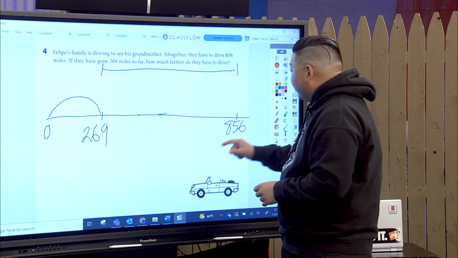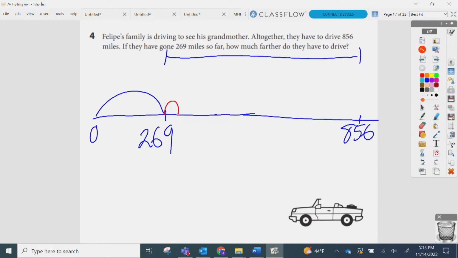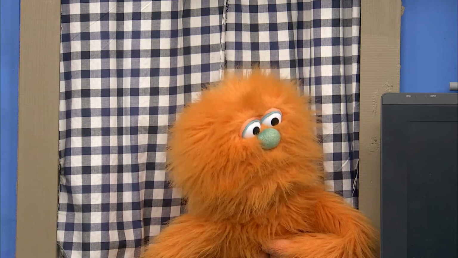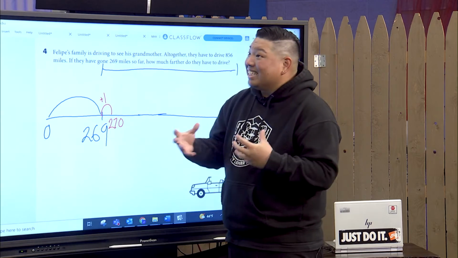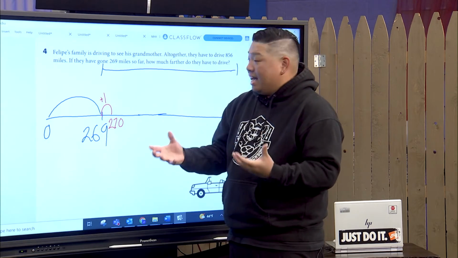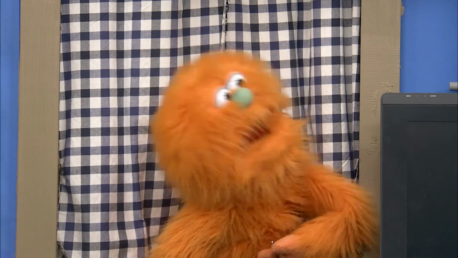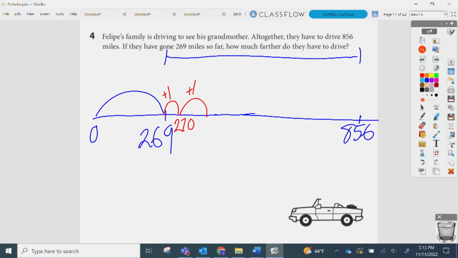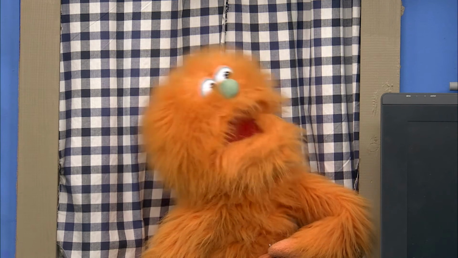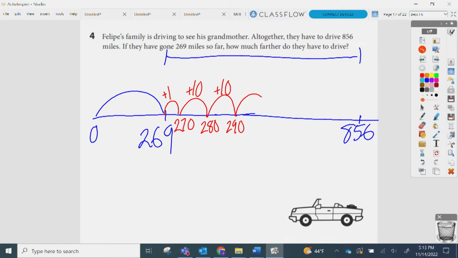Then from there, we go to our next clean number, counting by tens. So it would be 280, that's plus 10. Another 10 gives us 290, and another 10 gives us 300.